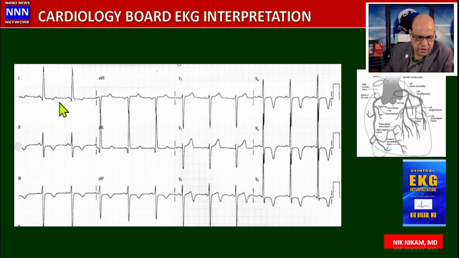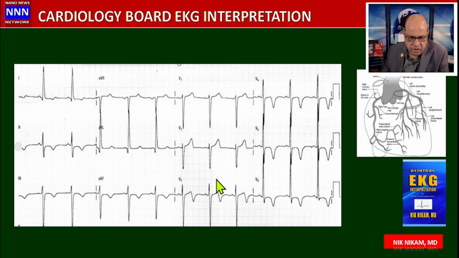Here we are looking at an electrocardiogram that has significant voltage in 1 and AVL along with voltage S and R wave combined together, which suggests left ventricular hypertrophy with strain. However, there are some T-wave inversions in the inferior leads which are not usually associated with left ventricular hypertrophy with strain.